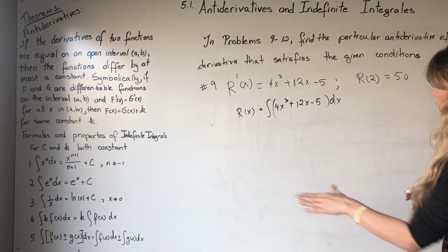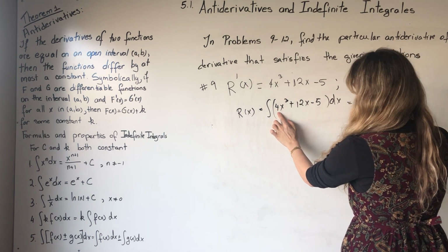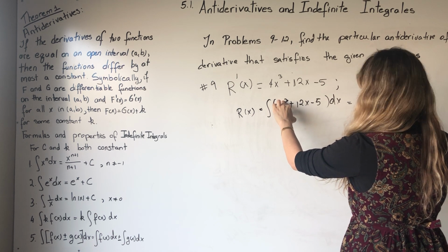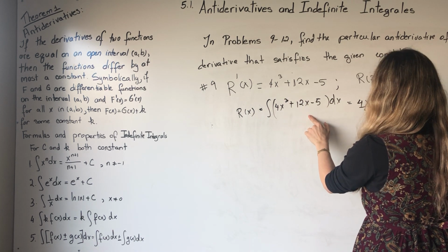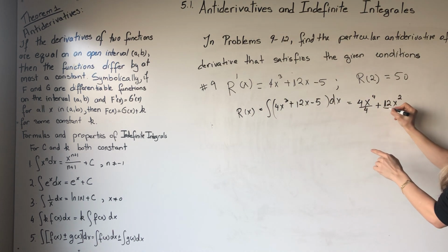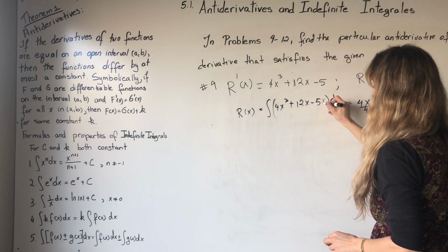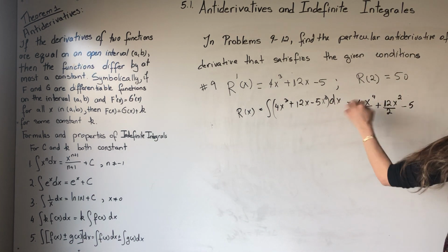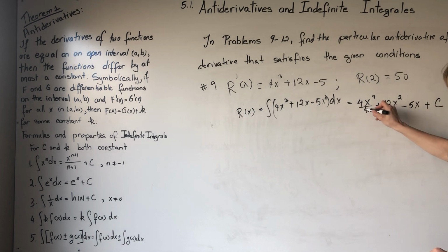So this will be 4, a constant, I put it in front, x to the third, I add 1, so 3 plus 1 is 4, over 4, plus 12x to the first power, 1 plus 1 is 2, over 2, minus 5, it's x to the power of 0, so 0 plus 1 is 1, divided by 1 is the same, so just x to the first power, plus my constant.